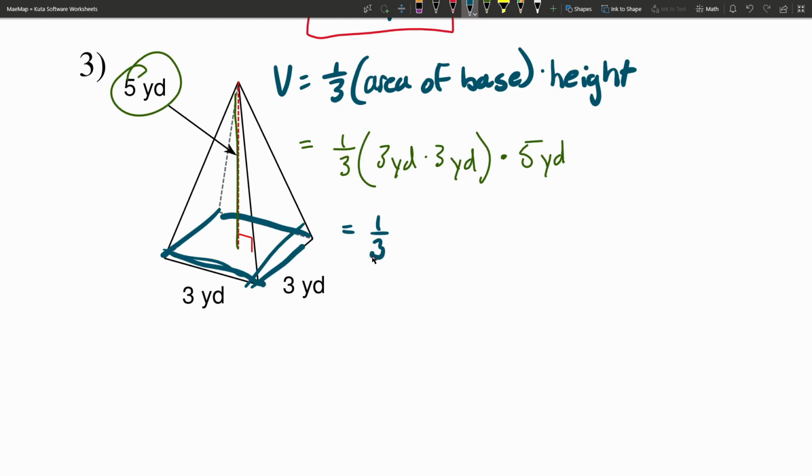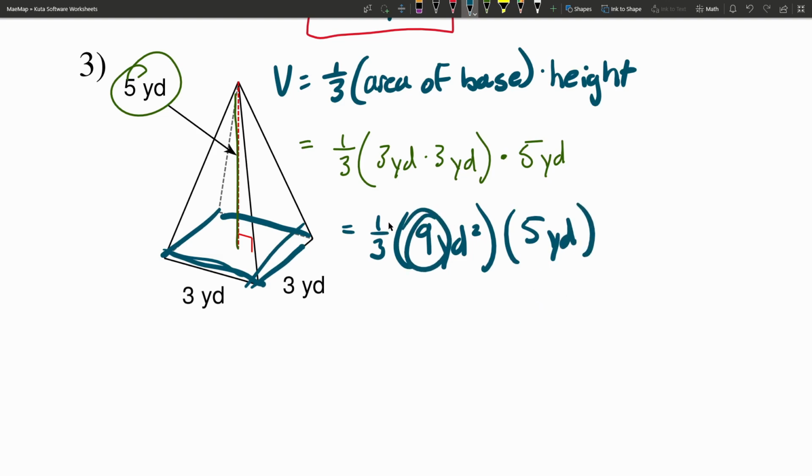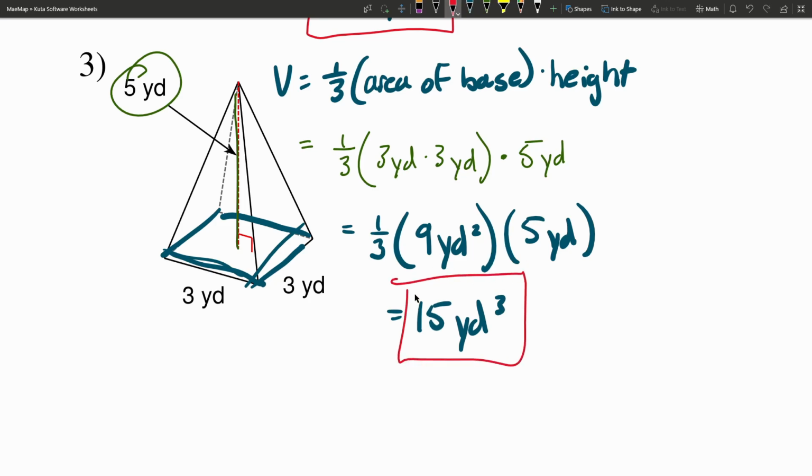We have 1/3 times the area of our base, 3 yards times 3 yards is 9 yards squared, and that's multiplied by 5 yards, our height. Now, I know that 9 is divisible by 3, so when we multiply 1/3 by 9, we get 3. So we have 3 yards squared times 5 yards, which equals 15 yards cubed, and that's the volume for number 3. Let's move on to number 4.